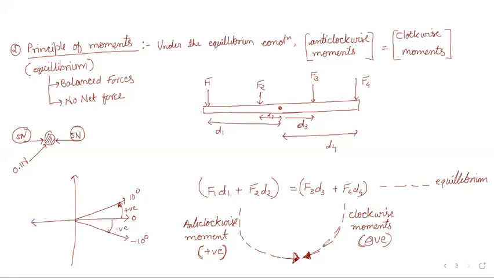Clockwise negative, anti-clockwise positive, and therefore we can directly say that this angle at 90 degrees is 90 degrees but plus. And what about here? We can say that it is minus 90 degrees because we are going in a clockwise direction.